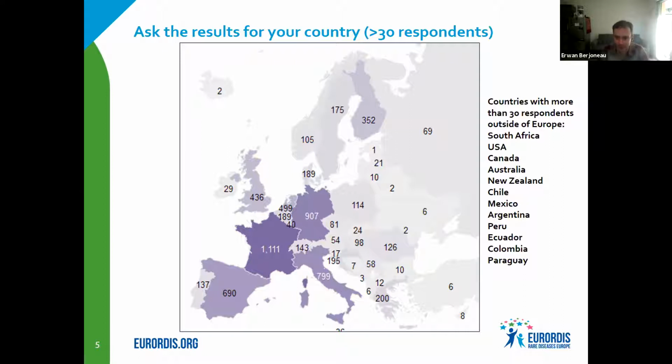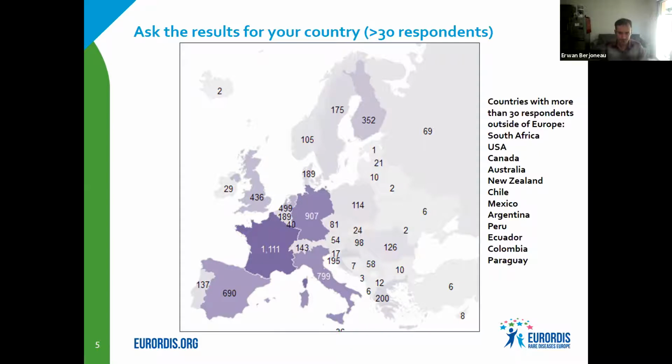I've put on the right side some countries outside of Europe who reached 30 respondents. And if by any chance your country didn't get that many respondents, we can still work it out by grouping countries. For instance, the Baltic countries, we can group them together to reach 30 respondents. We can do that for other country groupings.